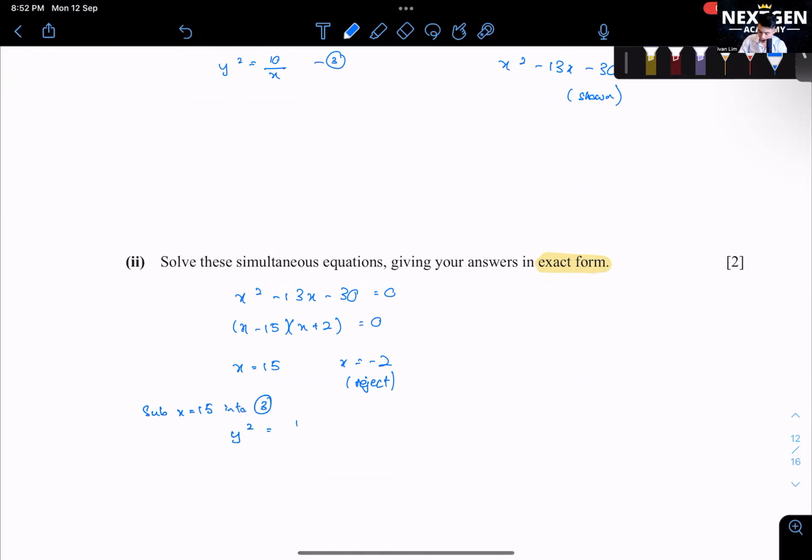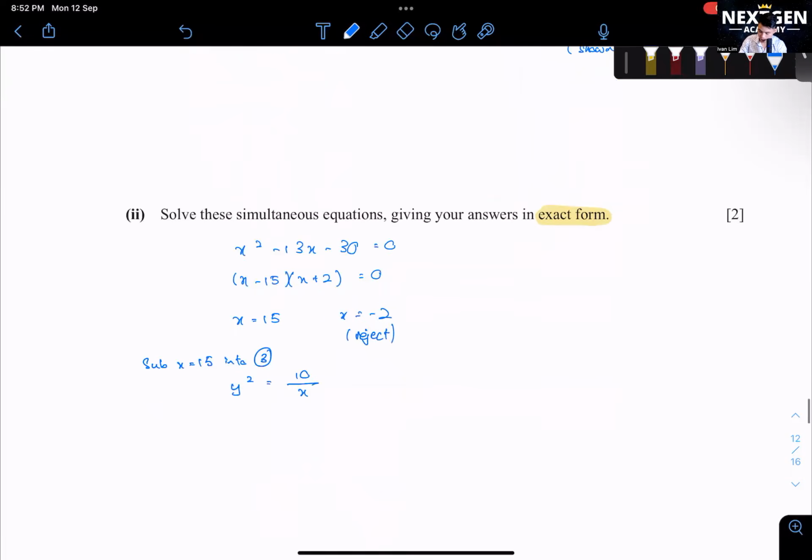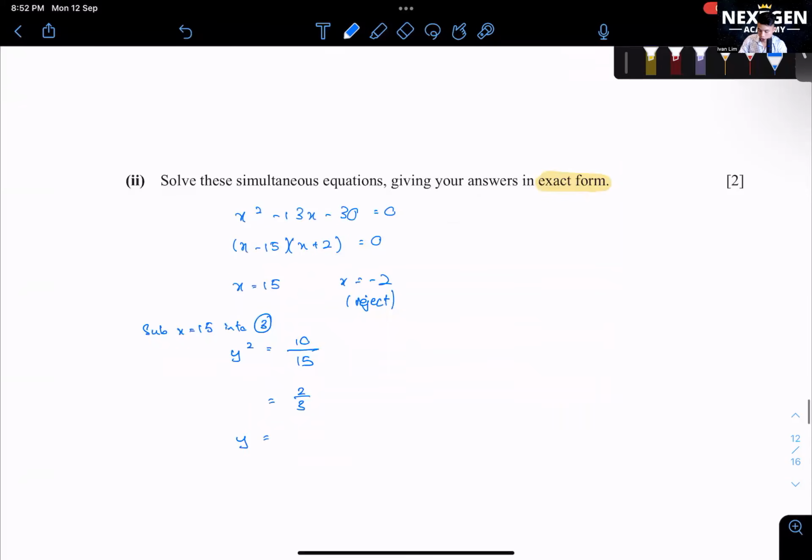So y squared equals 10 over x. x was 15. 10 over 15 is 2 over 3. Therefore, y will be equal to plus minus square root 2 over 3, but the negative value won't be accepted. So please reject the negative. You can write it as surd 2 over 3 or you can write it as root 6 over 3.